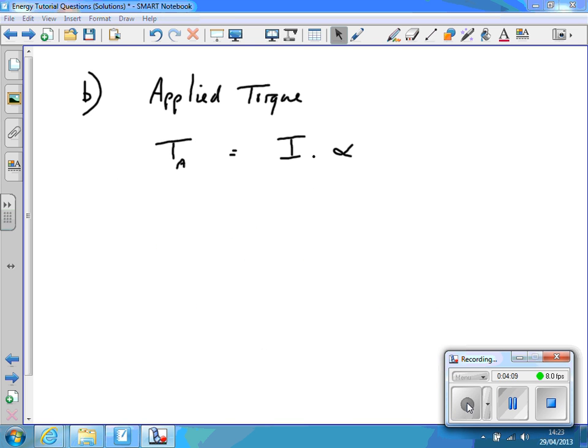So for part B, we've got to find the applied torque, or the driving torque if you like. The applied torque equals I, the moment of inertia, times alpha. Well, we know alpha, we've just calculated it, but we don't know I. The formula is I equals m k squared, which is on the formula sheet, and we're given k and m, so we can find I, plug that in to come up with the value for the applied torque.